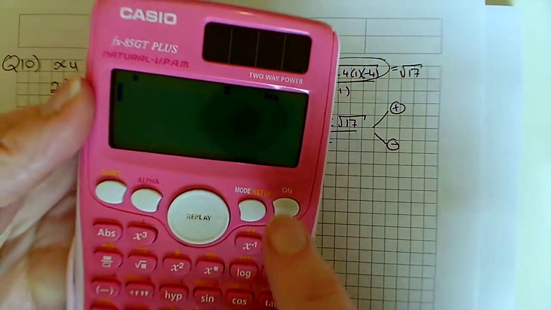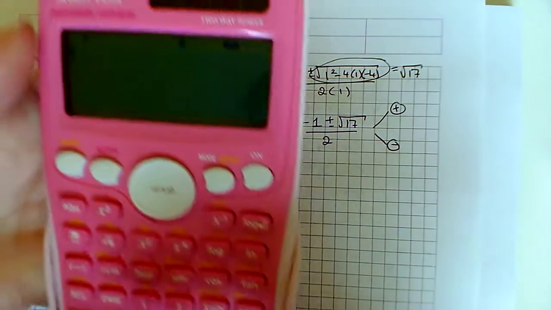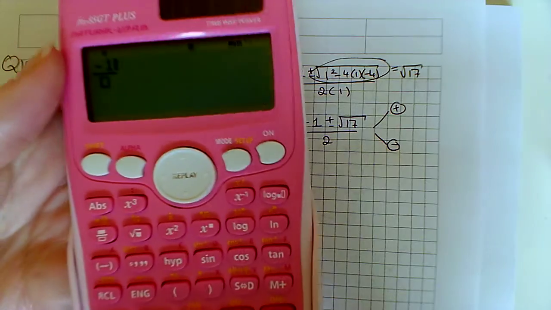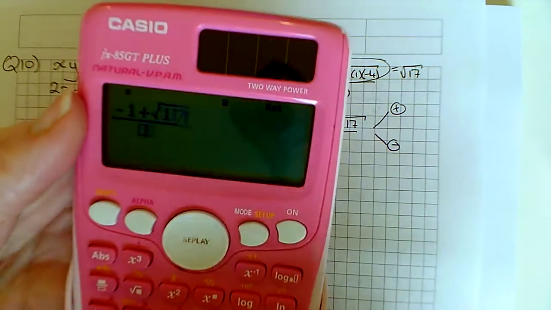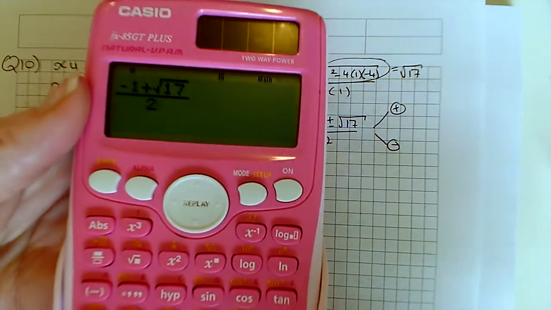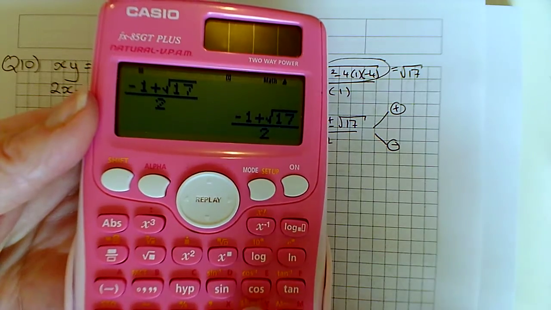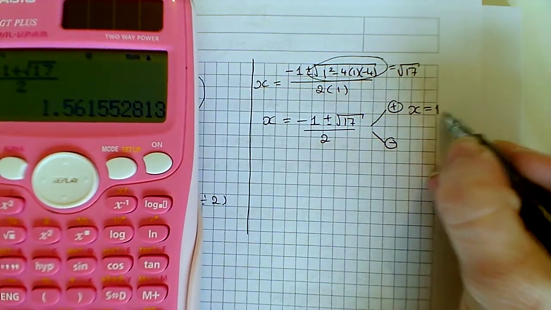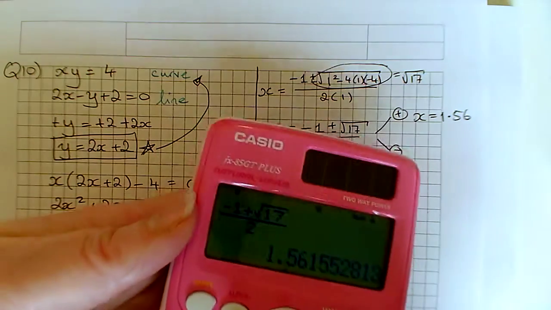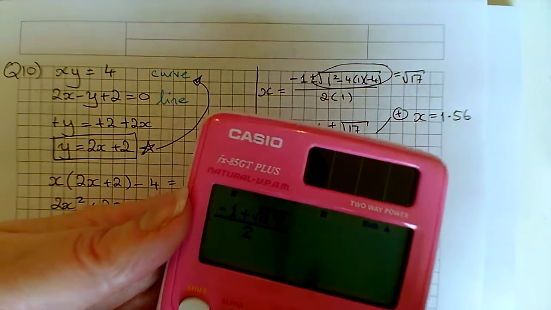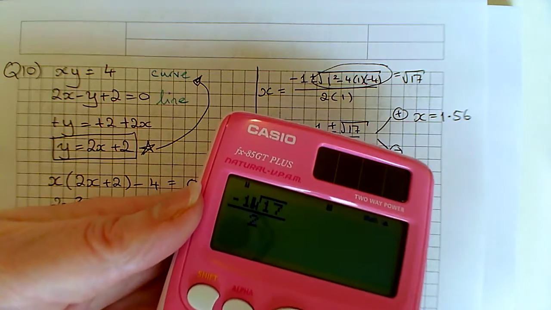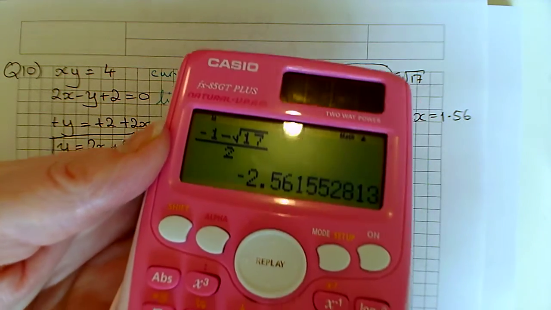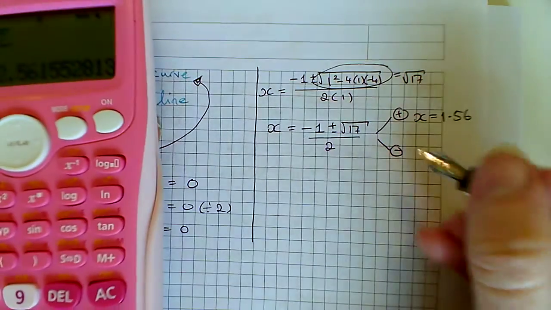You can leave it in surd form, but they didn't specify, so we can do whichever way suits us better. Plus the square root of 17 over 2, and I get 1.56. So x is 1.56, or if I had a minus, delete that and put in a minus, and we get minus 2.56.